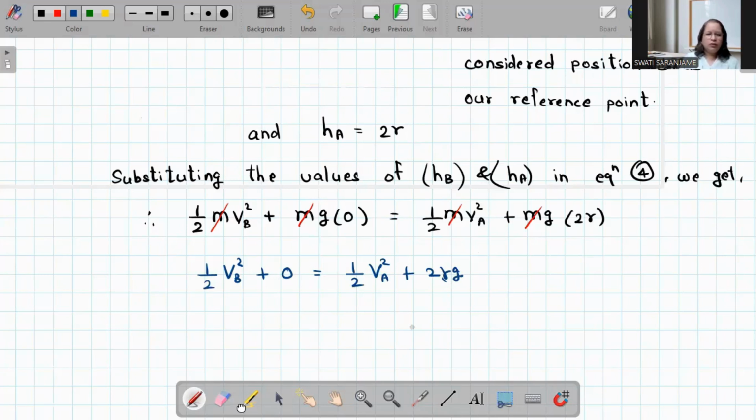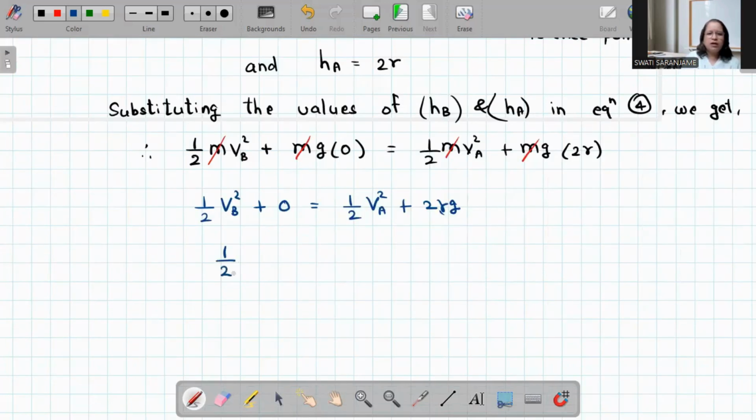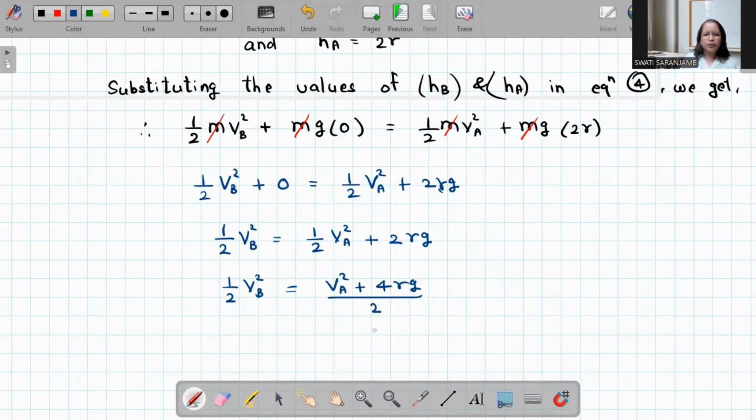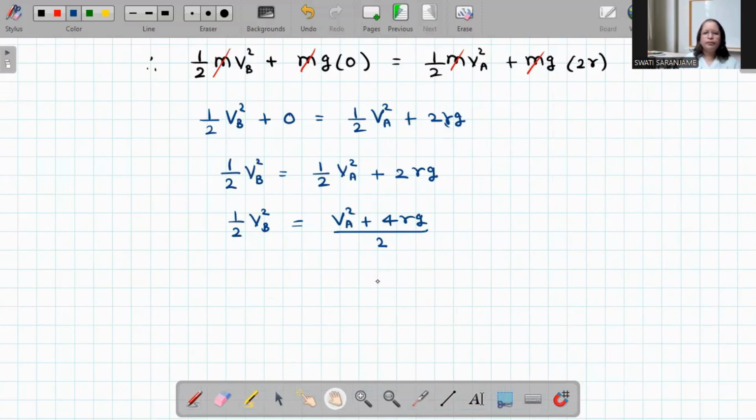The same thing can be written as half vb square is equal to half va square plus 2rg. Now, if we take the LCM on RHS, half VB square is equal to VA square plus 4RG upon 2. Now we know VA is under root RG.